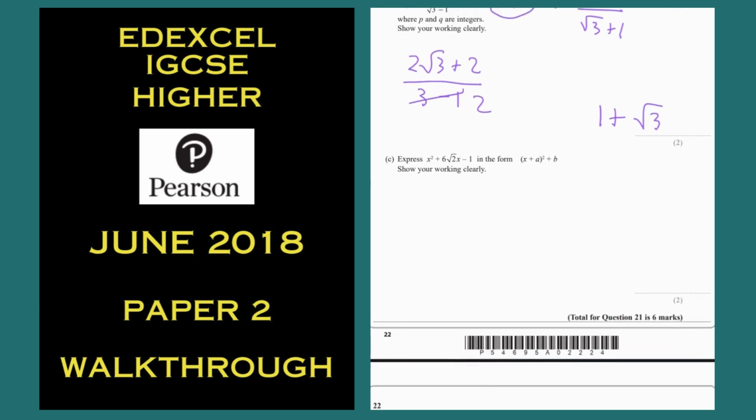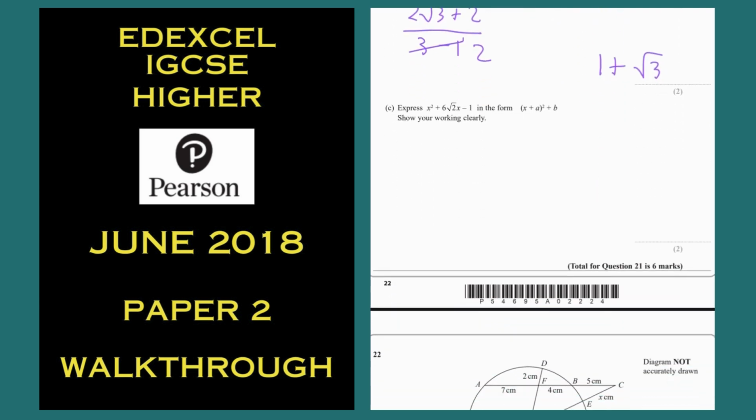And for part C, a very strange looking completing the square. Now don't get put off by that root. It's still exactly the same process. You open up your brackets, which are squared. You halve the number next to x. It's 3 root 2. That's all it is. Now that needs squaring and taking away.